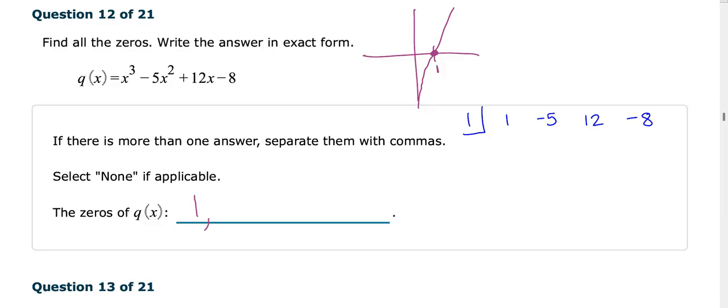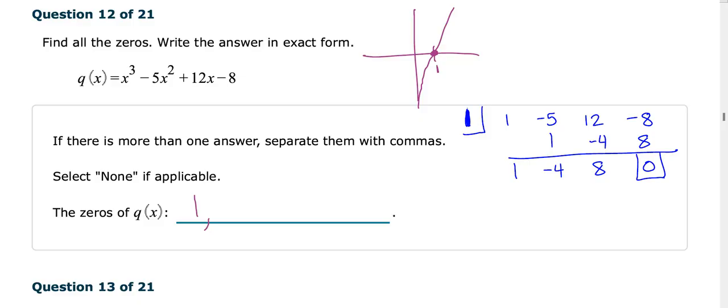When I play the game, I drop the 1 down. 1 times 1, negative 5 plus 1, negative 4 times 1, 12 plus negative 4, 8 times 1, and I get a remainder of 0, which is good because x equals 1 should be a 0.